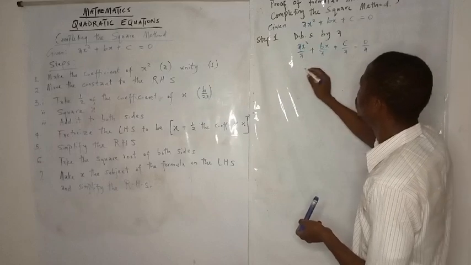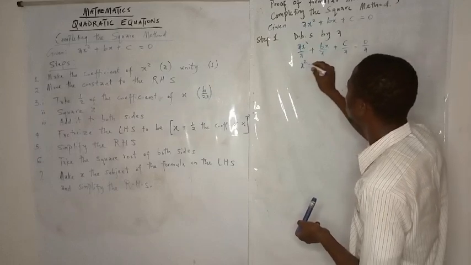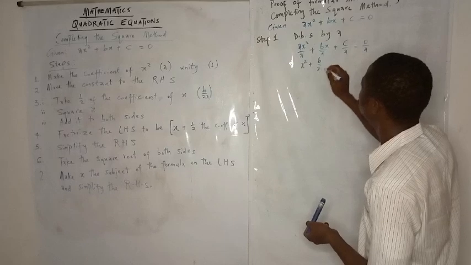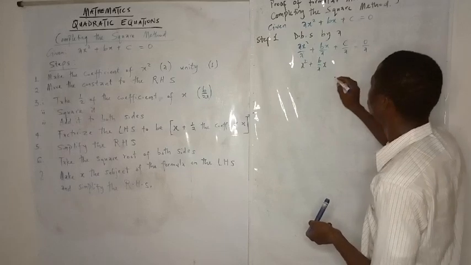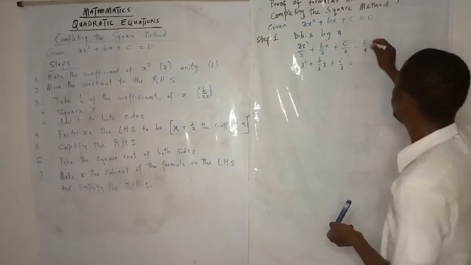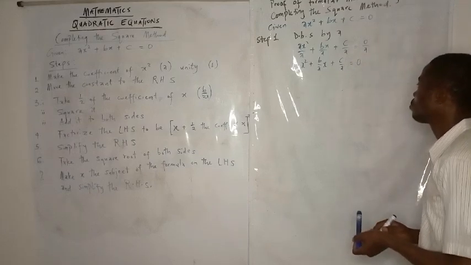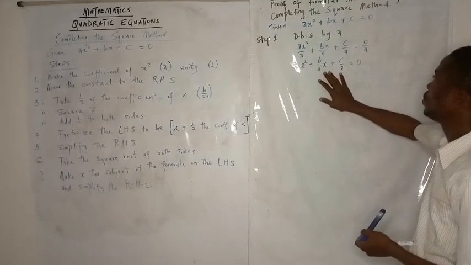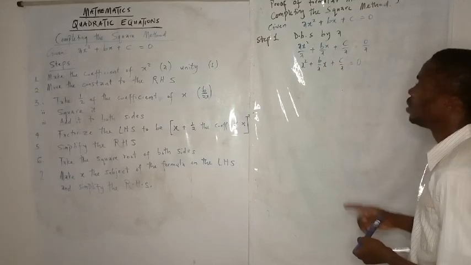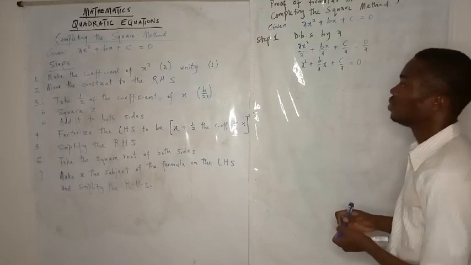So a will cancel a and we'll have x squared plus, I can write this as b over a x plus c over a is equal to 0 over a, which is 0. So I can express it like this: b over a times x plus c over a. Step 2 says we should move the constant to the right hand side.